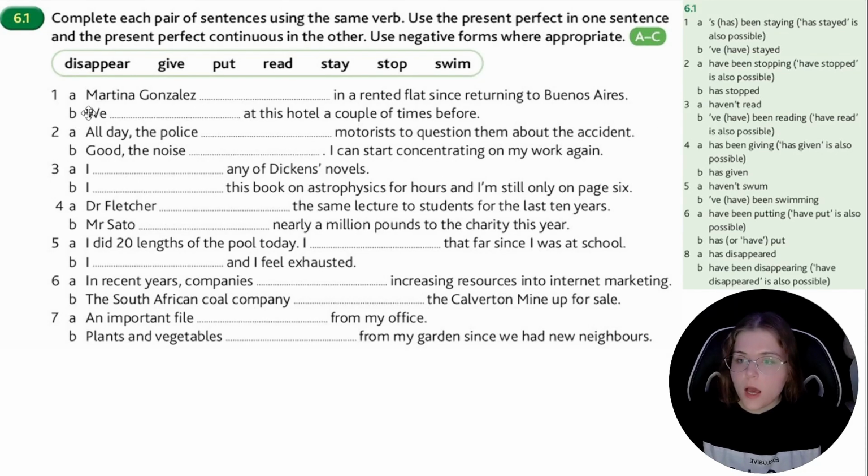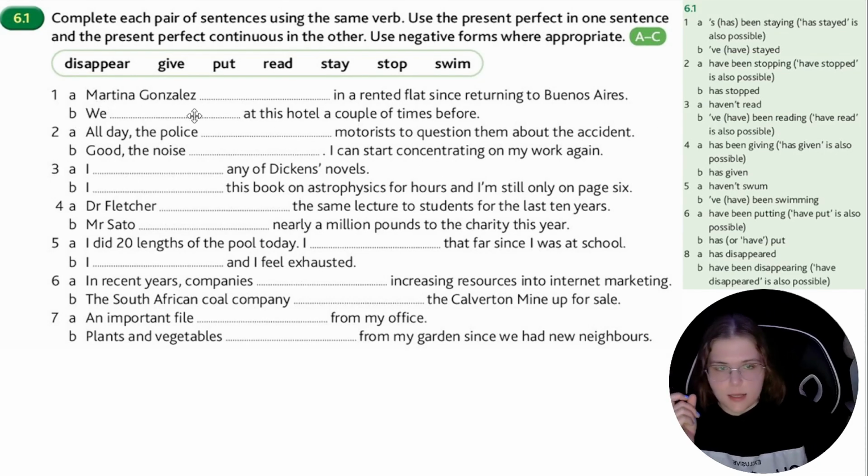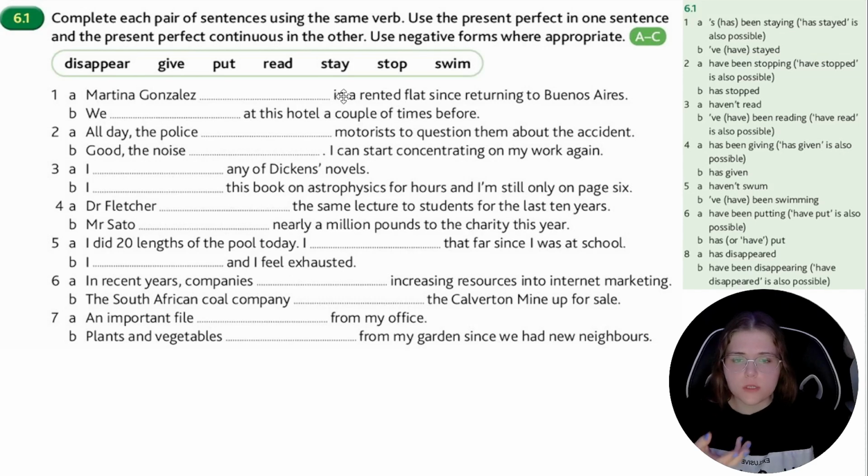Martina Gonzalez has been staying in a re-tenanted flat since returning to Buenos Aires, or she has stayed. It's also possible here because it was recently.